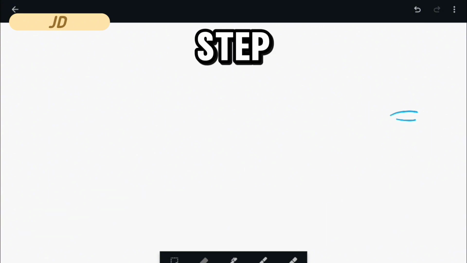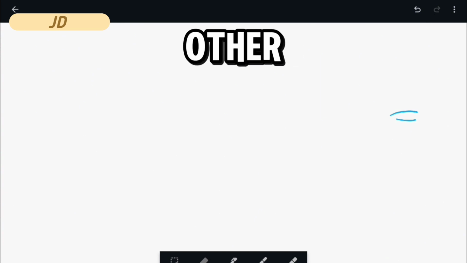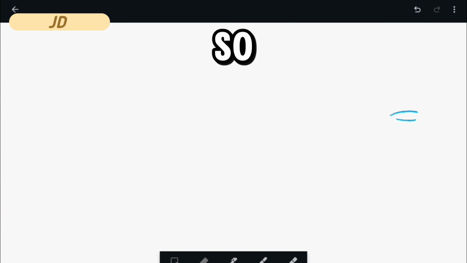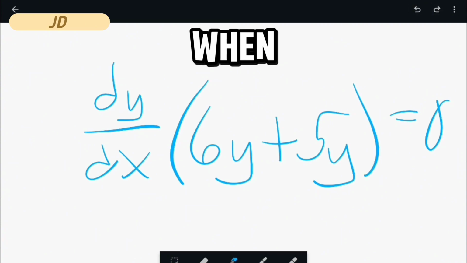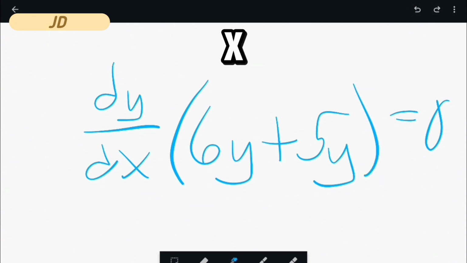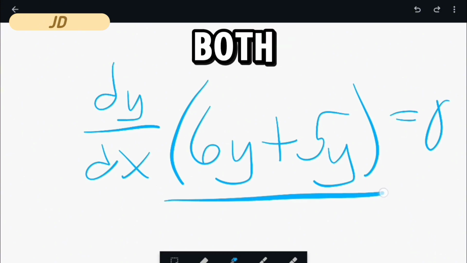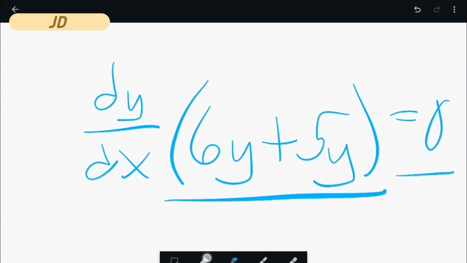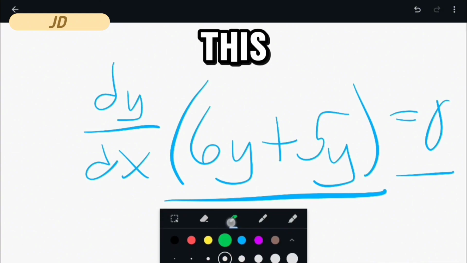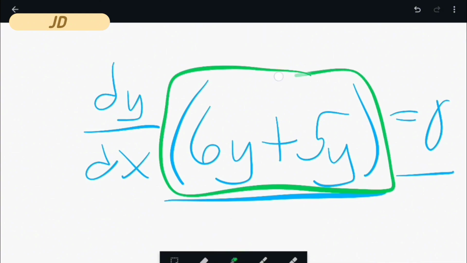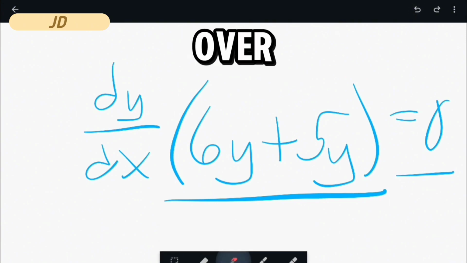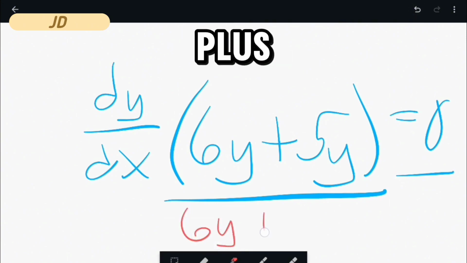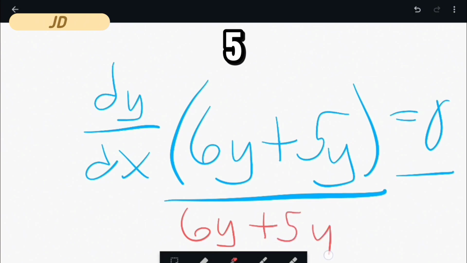Lastly, the fourth step is where we have to isolate dy over dx by dividing up the other factor on the left side. So, like what I did earlier, when you do this, when you factor it, the dy over dx, you should divide both sides by this. So, it will become over 6y plus 5y.